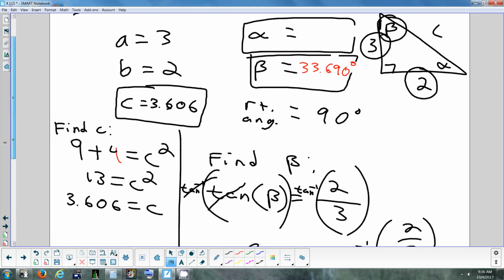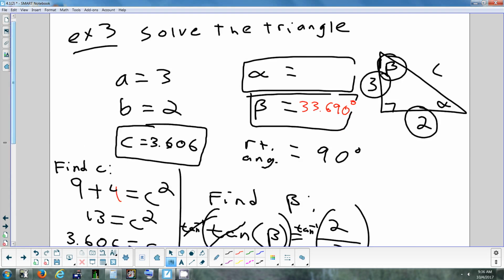Okay. So now we're going back to using the side we were given, the other side we were given, but now we're going to focus on alpha. What trig function am I going to use here?